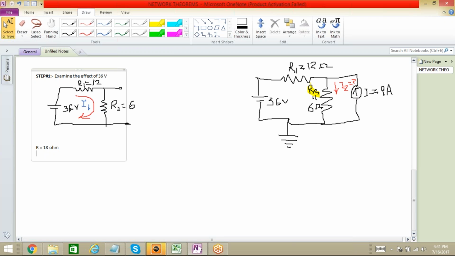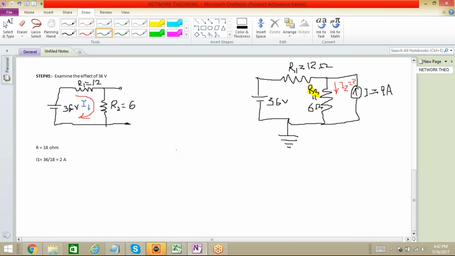And now you know very well, using Ohm's law, how you can calculate this current, that is V equal to IR, so I will be V upon R. That means I1 this time will become 36 upon 18, and this will be 2. The result will be 2 ampere. Okay, we have calculated the value of I1, and that I1 is now 2 ampere by this effect.